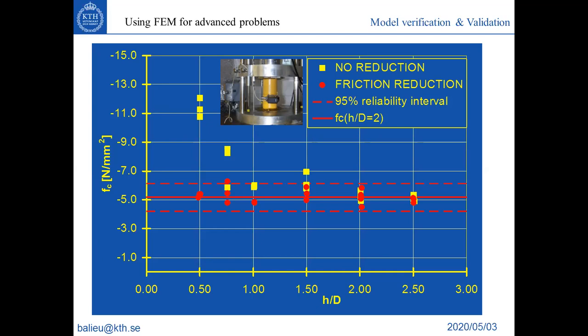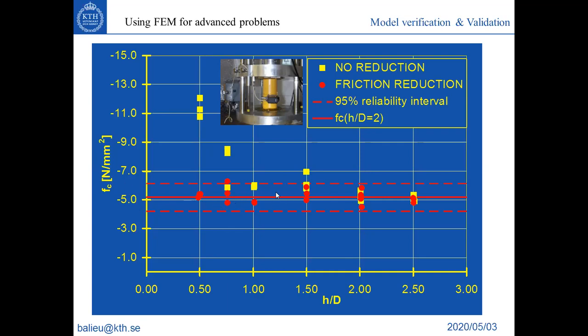So this is an example of what you have to consider as input in your finite element simulation. If you consider this kind of test with a response depending on geometry, this is not correct to set up in your finite element simulation. You need to use intrinsic material parameters.